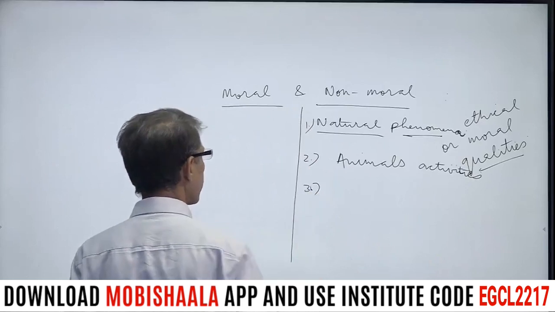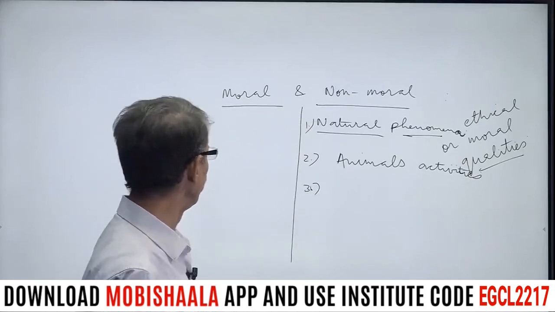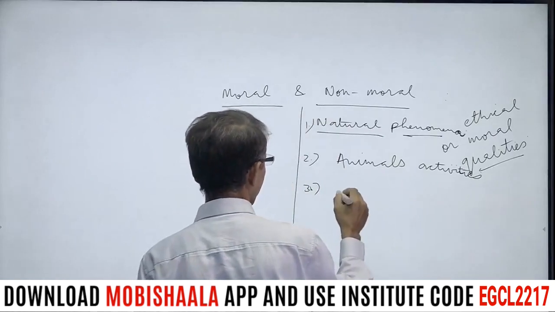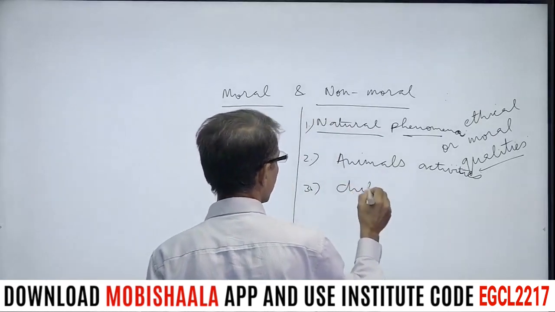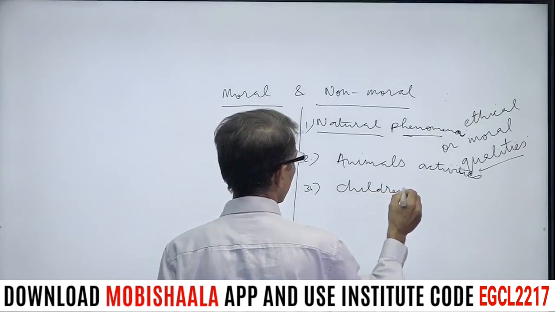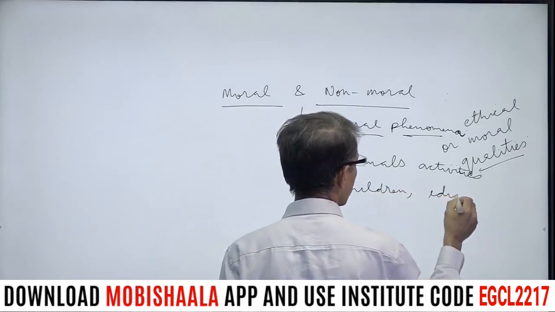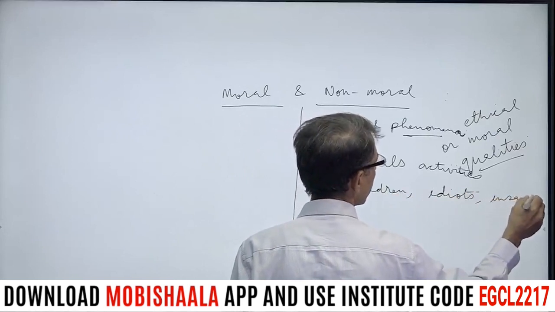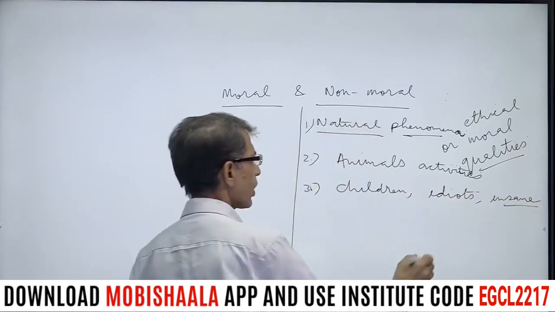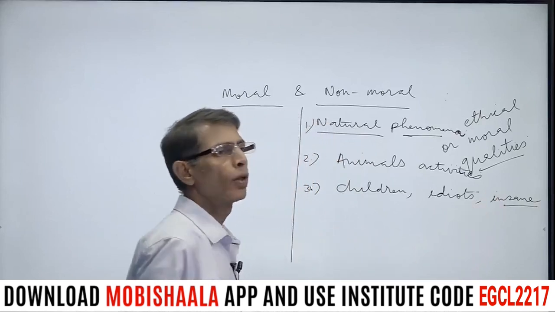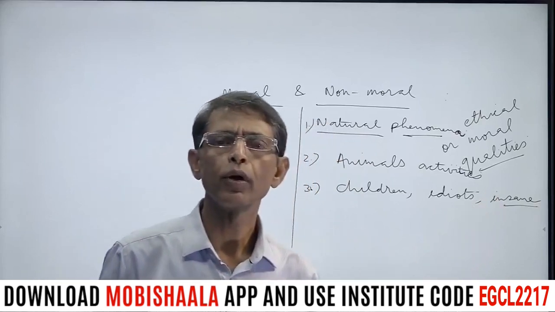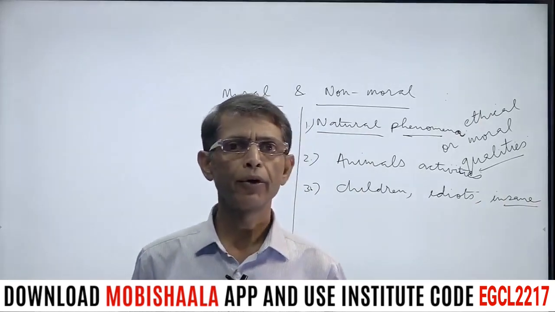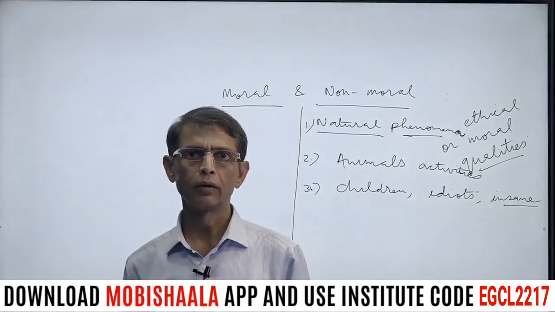Again, non-moral are the actions of insane persons, idiots and children. Their actions are also devoid of moral quality, so they are non-moral. We cannot hold a child responsible for committing anything wrong.